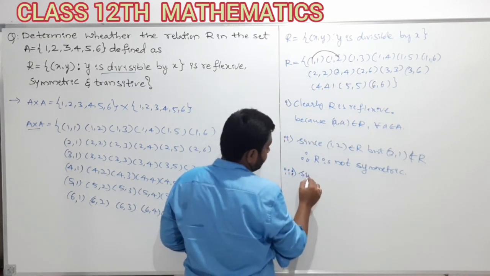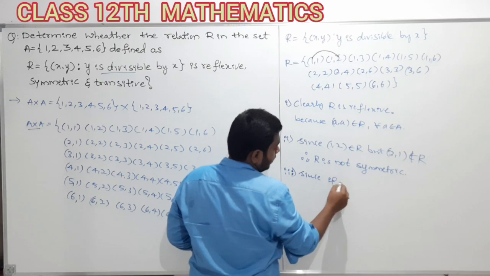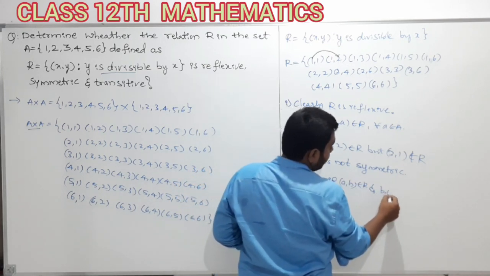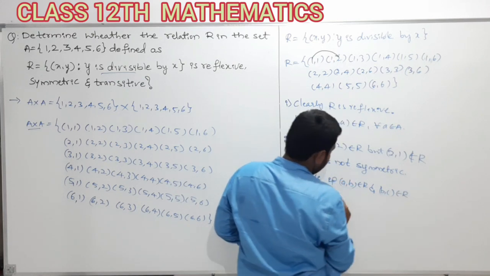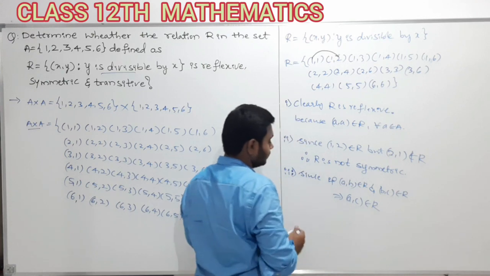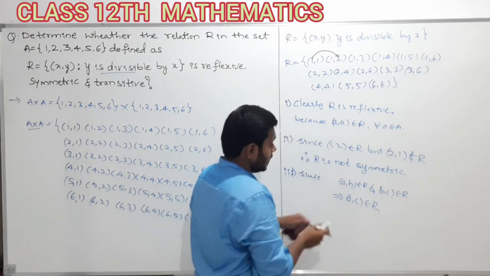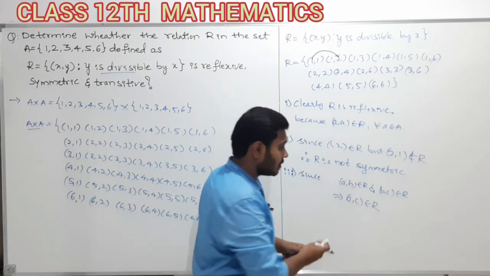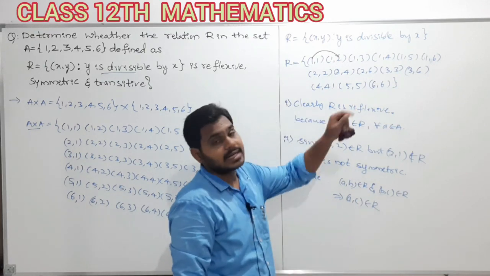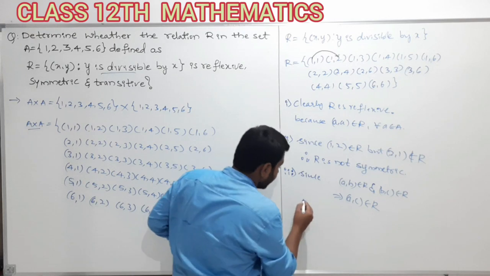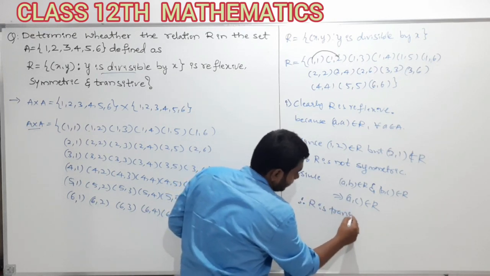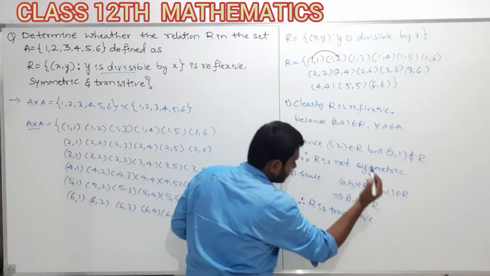So therefore, since (a, b) belongs to R and (b, c) belongs to R, this implies that (a, c) belongs to R. So therefore R is transitive.